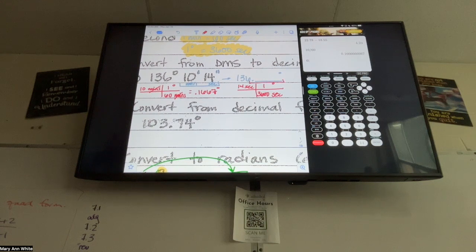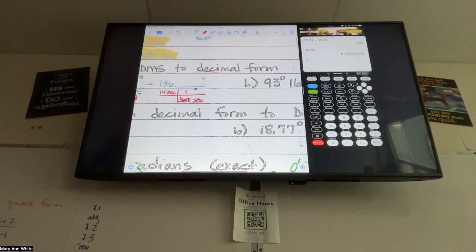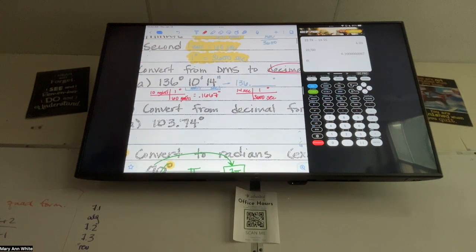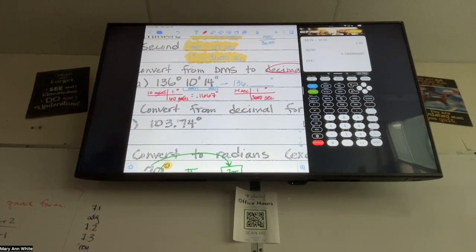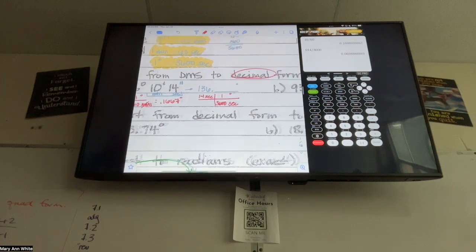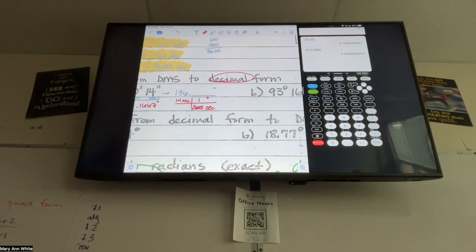So all of these numbers should be decimals. If you're getting whole numbers, we're having a problem. So you want decimals here when we're putting it into decimal degree form. All right, so 14 divided by 3,600 is going to be 0.0038 or 39, I guess, if I'm rounding just to the 4 places, 0.0039 degrees.